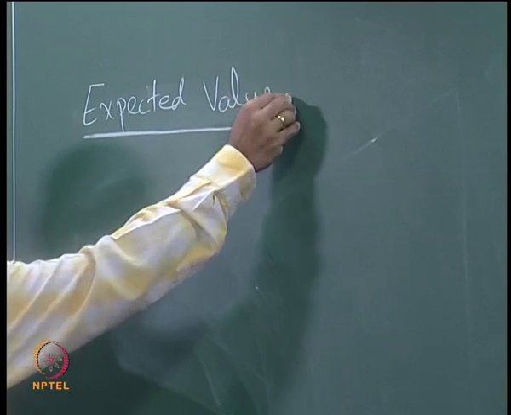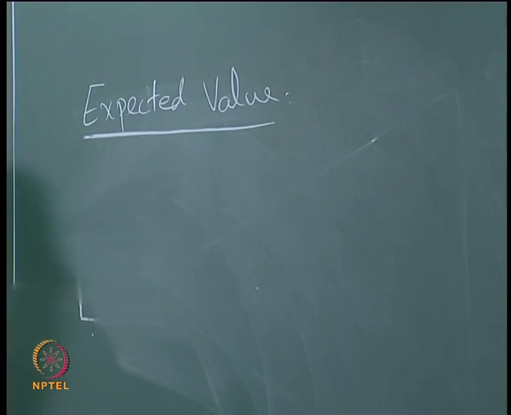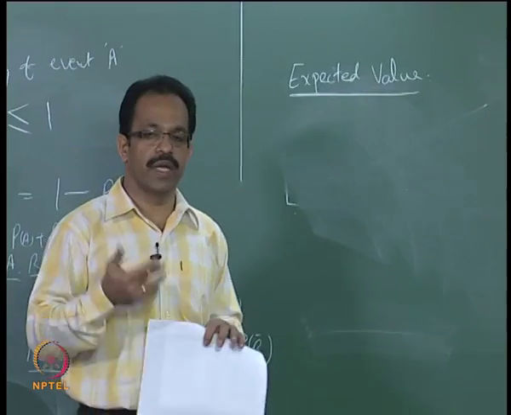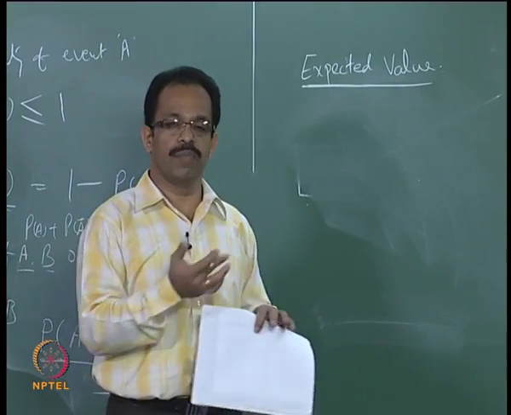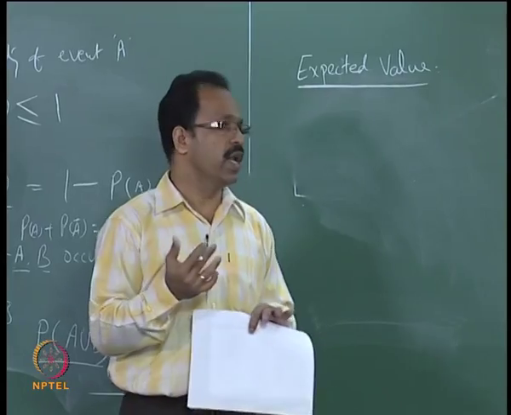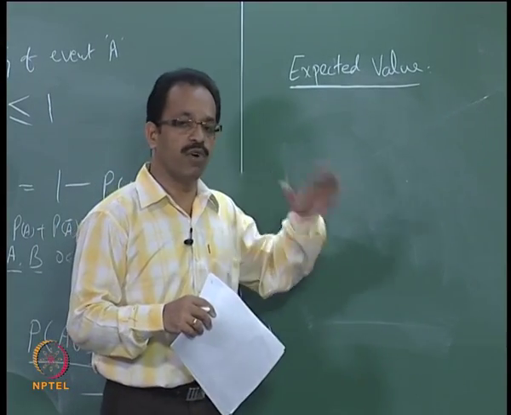Again, we know that there may be many events happening and we can actually identify the probability of these events, but then what will be the outcome of these events? Some events will be having a preference and some events will not be having that much preference. So, how do we actually calculate the expected value of these events?